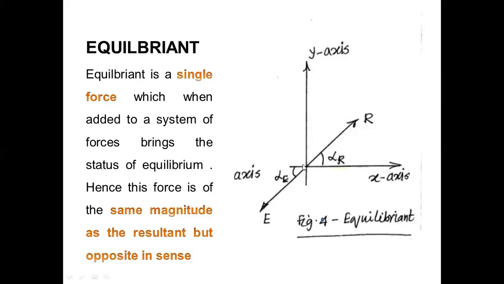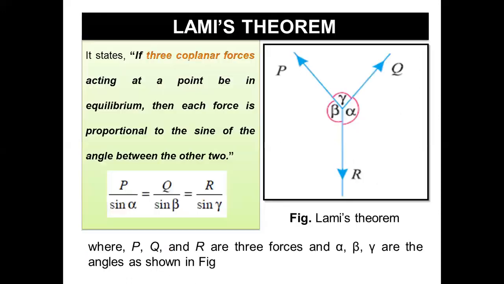That's why the entire team is at a state of equilibrium. There is no movement of the rope at this particular point. So the equilibrant is a single force which has the same magnitude as the resultant, but always acts along the opposite direction of the resultant.